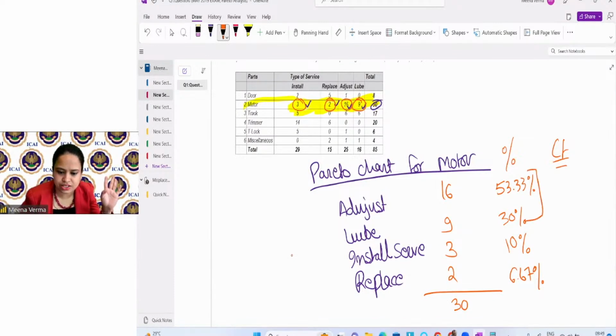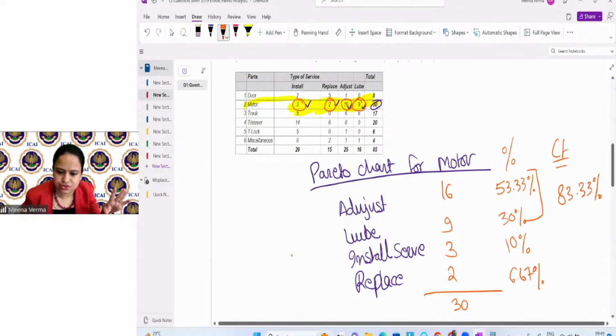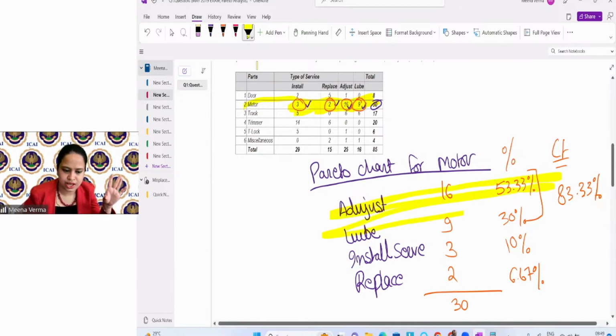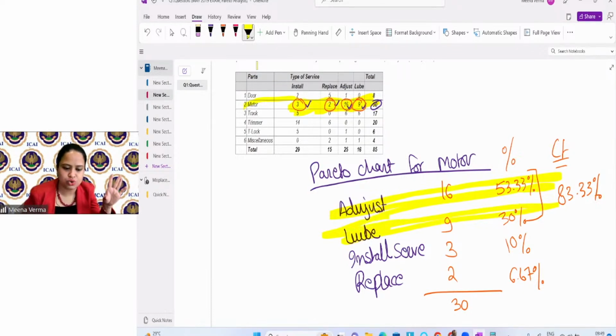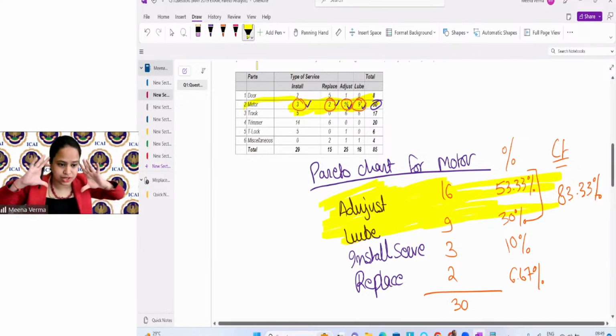You will see here these two values sum to 83.33%. So maximum focus should be on adjustment and lubricating of motors, motor adjustment and motor lubricant. This is where the organization should focus more in case of motor.